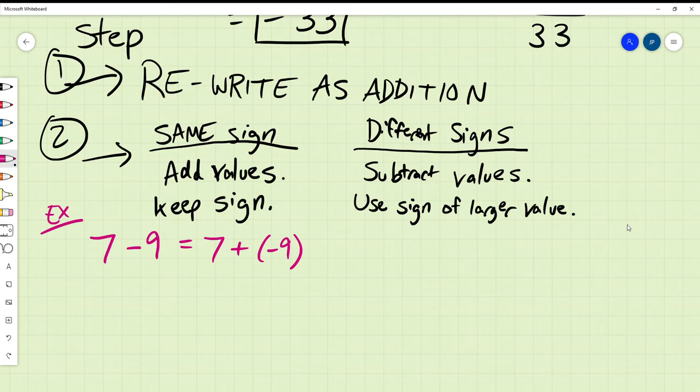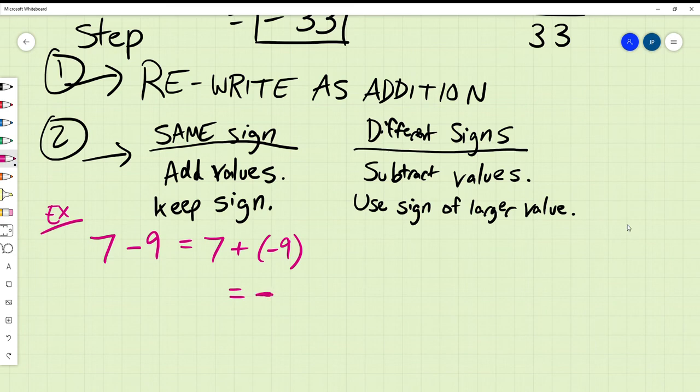So I'm adding two things, and they are different signs. One's positive, one's negative. I want to subtract their values, and I'll keep the sign of whichever is larger. The larger value here is 9, so our final result is going to be a negative number. And what number is it?